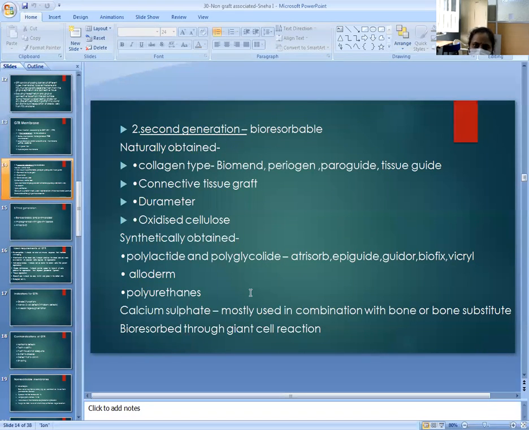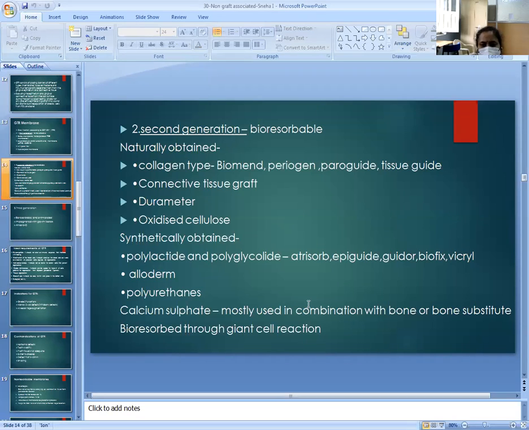Then second generation membranes are bioresorbable membranes. They are naturally obtained or synthetically prepared. Naturally obtained ones come from animals like porcine. Other than that, we can use human placenta as a membrane. Available membranes include Biomend, Bioguide, Heliguide, Periogen, and Paroguide. These are the naturally obtained membranes. Synthetically prepared ones are polylactide or polyglycolide: Atrisorb, Epiguide, Guidor, Biofix, Vicryl.